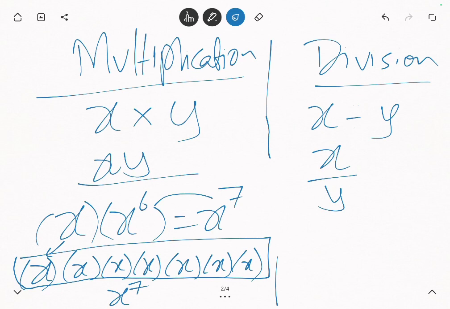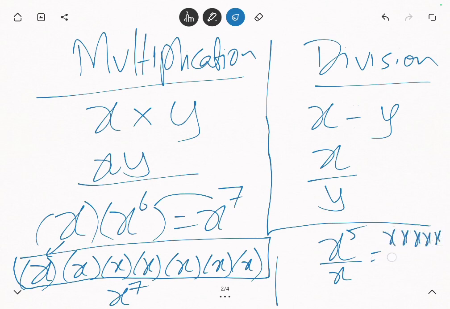Coming to the division, here also, if they are unlike, we will leave them as they are, and if they are like, or if they have the same variable and different powers, like x power 5 by x, I can write x power 5 as x into x into x into x into x, divided by x.